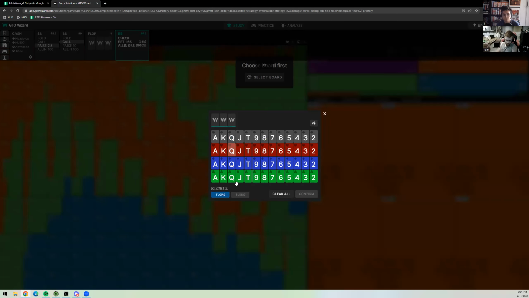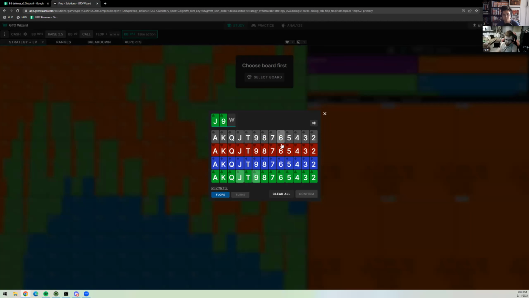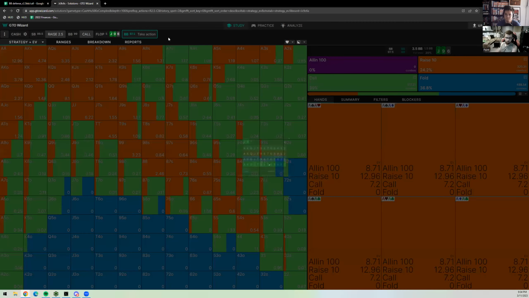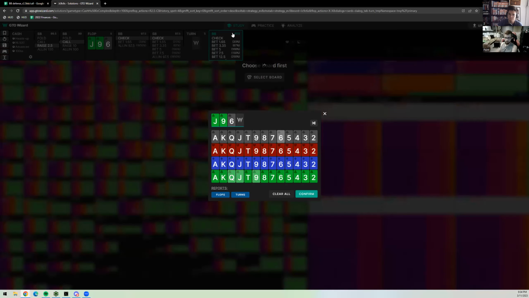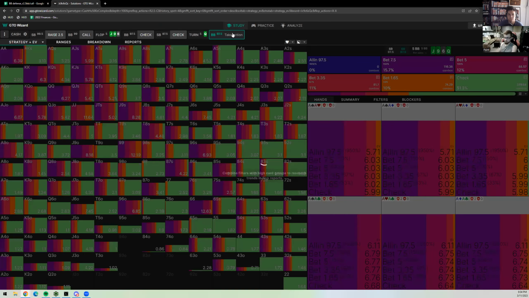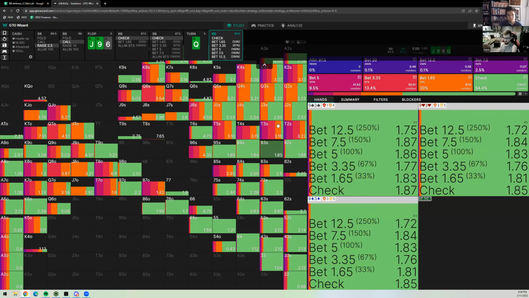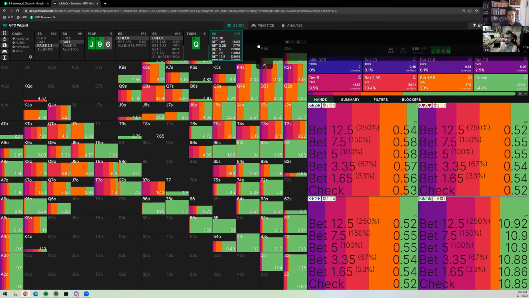So the flop was Jack, 9, 6, with the 6 of spades. It doesn't matter. Flop check through. Turn was the queen of clubs, completing the flush. I pot the turn, which is probably fine. You can bet whatever size you want.